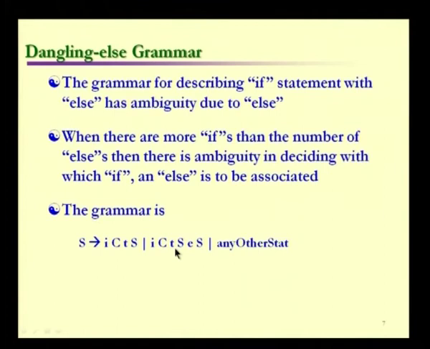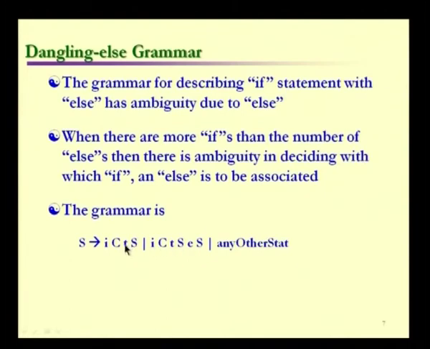So, now we must go for rewriting this grammar. For the rewriting of the grammar, we first of all understand what the reason for that is. The reason is this else. If I always have then part and else part, we will have a matched statement. Matched statement means every then has a matched else.